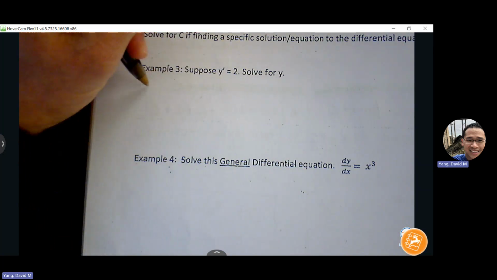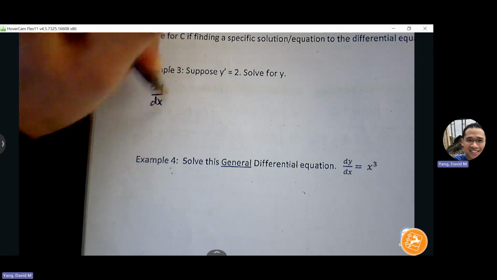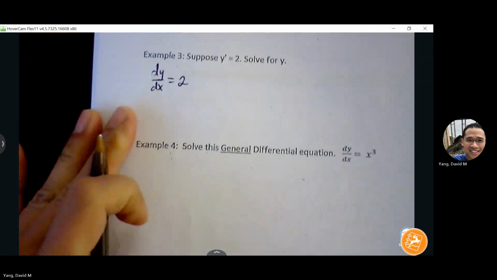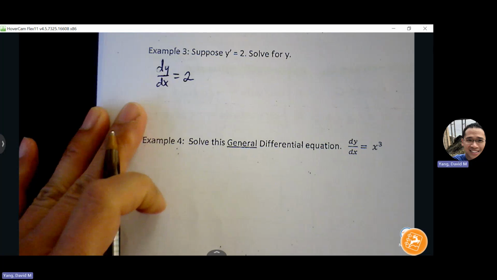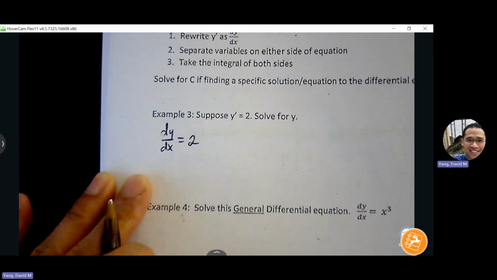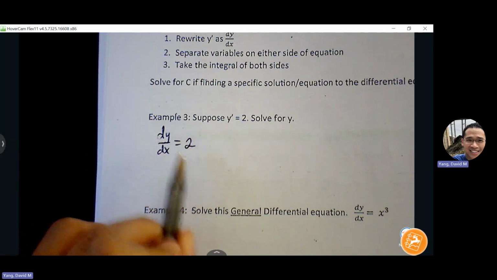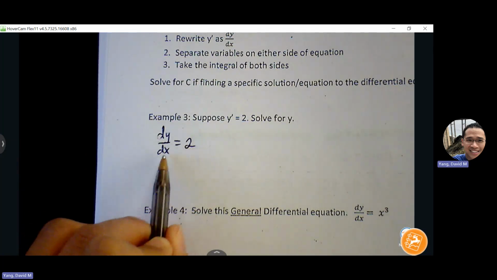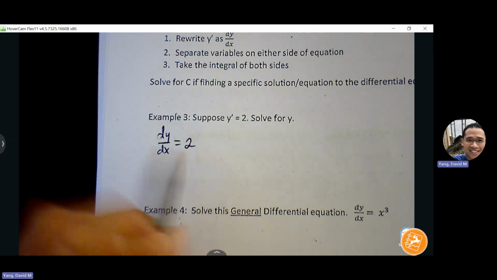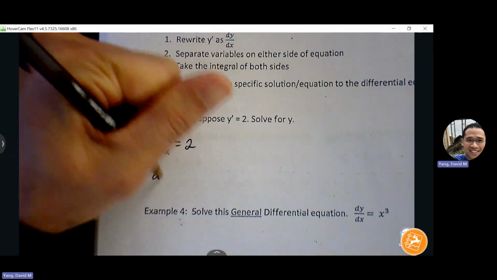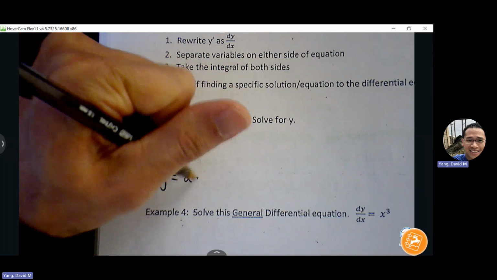So y prime equals 2 is the same thing as dy dx equals 2. If I want to solve for y, first we separate the variables. We gather the y's on the left and everything else on the right side. If I multiply that dx over to the right side, or cross multiply, I'm left with dy equals 2 dx.